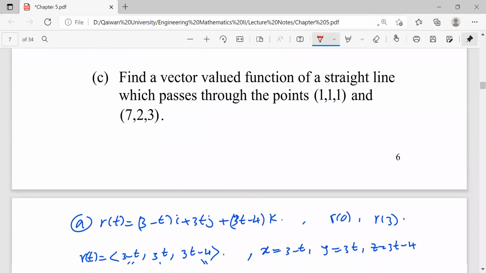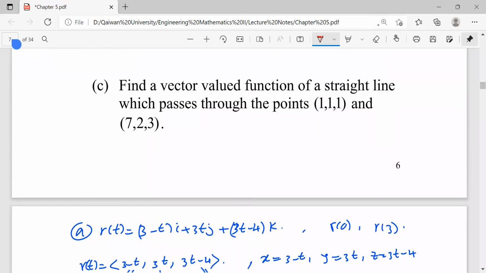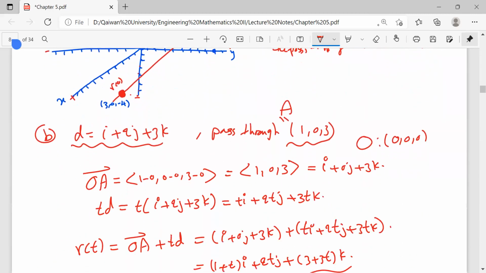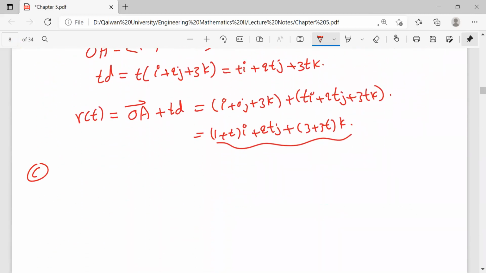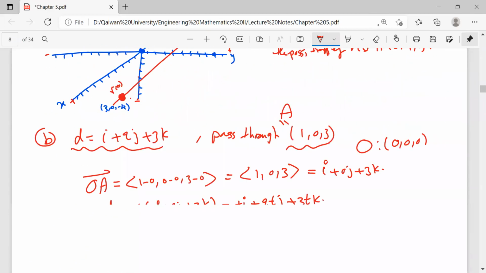We now have another example. It says, find a vector valued function of a straight line which passes through these two points. Here we have given only 2 points. It says the straight line passes through these 2 points. Here we must find D by ourselves. First, the points are (1, 1, 1) and the other point is (7, 2, 3).